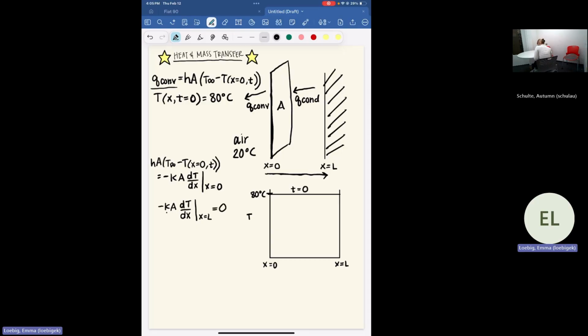Well, we know that K and A are both non-zero terms. Therefore, our temperature gradient must be 0, meaning that the slope on this temperature profile is flat, or 0. So I'm going to illustrate that using horizontal flat lines.